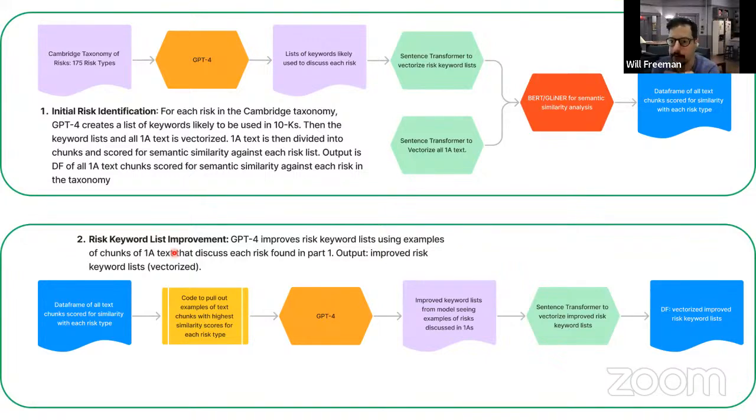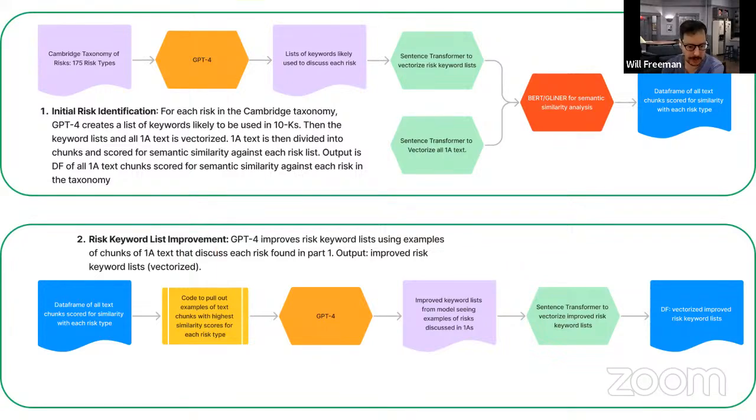And you would take the 10 sentences from the entire corpus of 10Ks that had the highest scores, and they were almost always about that specific risk. And so I allowed GPT-4 to use real examples to improve its keyword lists. And I worked with it. I did that via the UI because I had some input and wanted to change things.